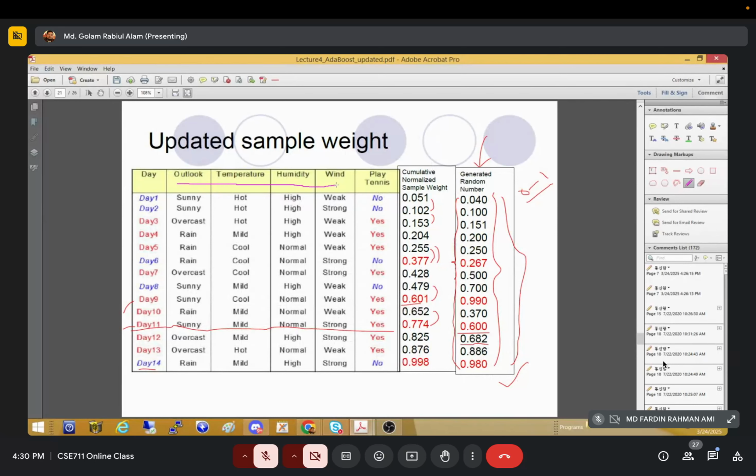So these are our features, and this is the decision variable. This is our x1, that means the feature values of instance 1, and this is the y1. Similarly, this is our x2, the feature values of our second instance, and this is our y2.